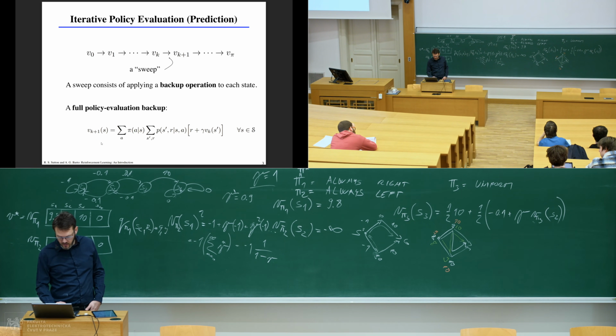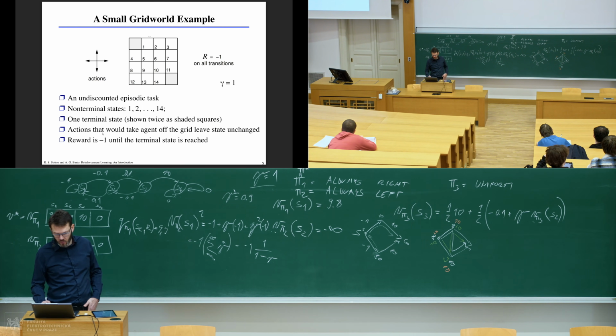So we will just use the equation as it is, but here we use the old value function, and here we are computing the new value function, right? So it's the same formula. The expectation over actions you can take, expectation over what can happen, reward, gamma times the value function in the following state. But we will compute a new value function based on the old value function.